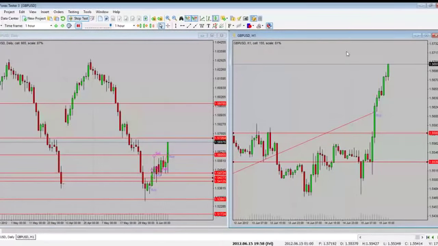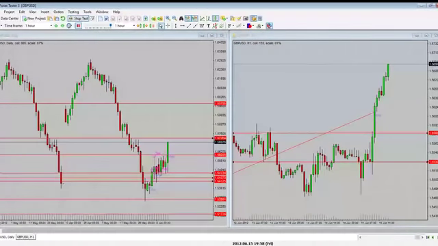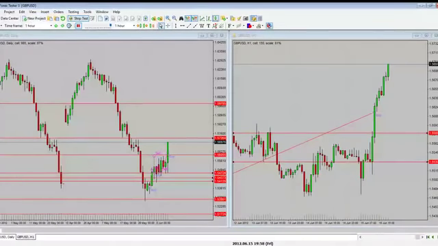Okay, so now we have a big, huge bullish candle close. Where do we expect price to go next? Or what's your bias here based on this daily candle close? Bullish candle close, so the bias is to the upside.